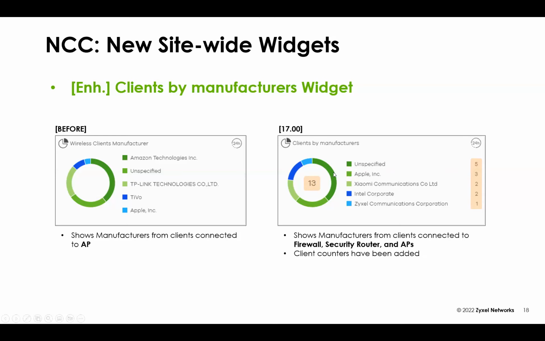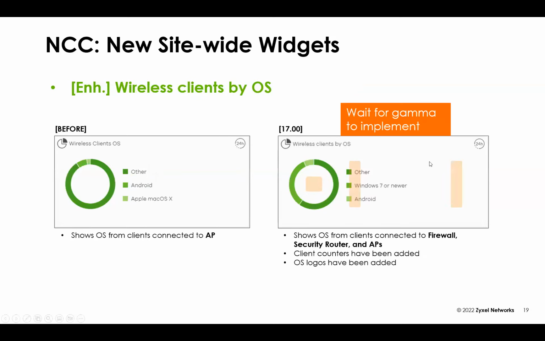The client counters have been added to the screen so you can now visually see exactly the amount of clients that are connected. We've done the same thing to wireless clients by OS. Again, before this last update, you just had a simple graph that showed you a breakdown, but no numerical value. But now we've added that as well.